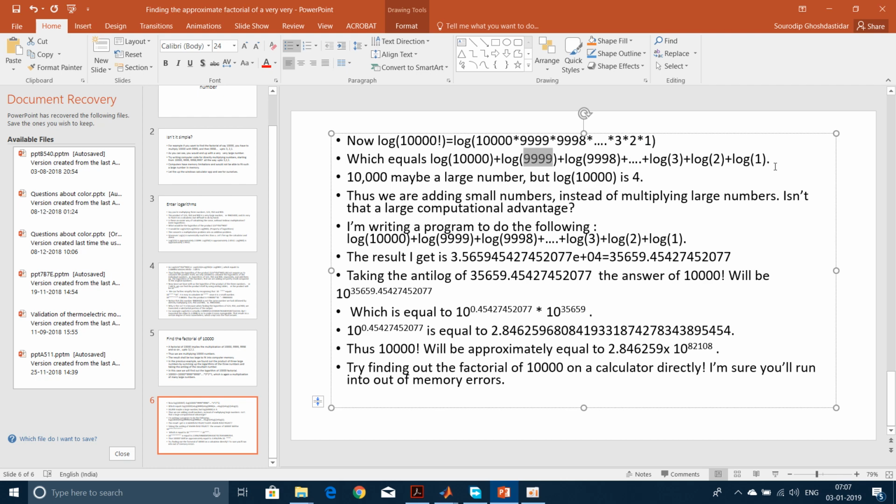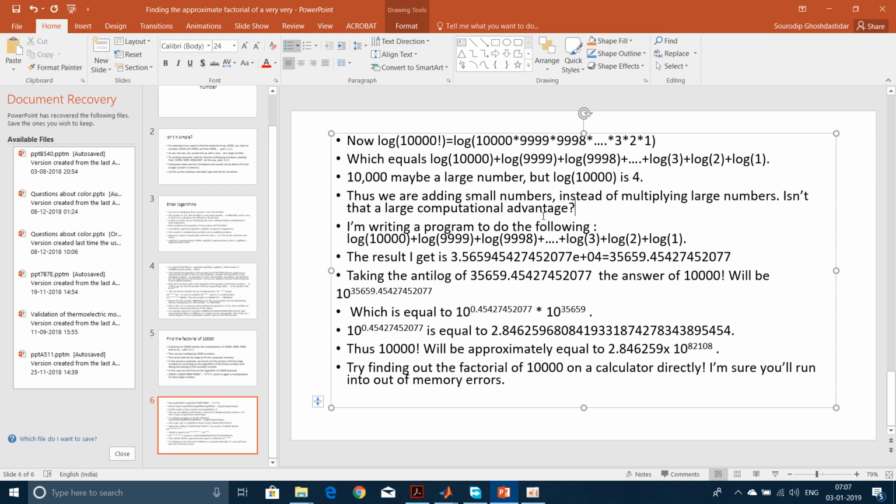Maybe you're adding up a lot of numbers, but these numbers are small compared to multiplying the huge numbers, adding up logarithms of these numbers, which is actually very small. Isn't that a computational advantage? So instead of multiplying large numbers, we're just adding small numbers.